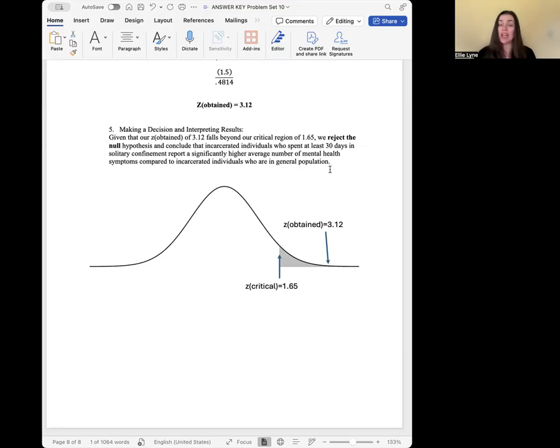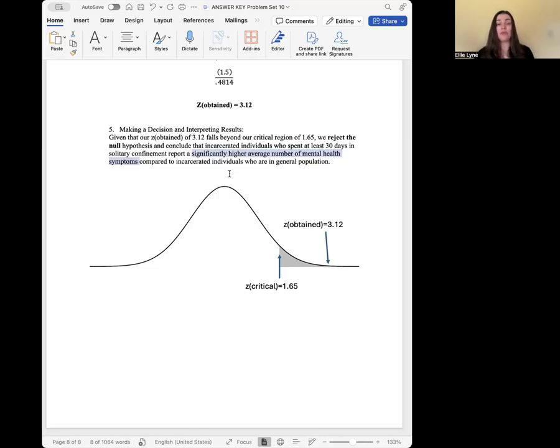Okay? So we're bringing in all of the elements that we have discussed thus far, right? We reject the null hypothesis. We conclude from our first group, right? Incarcerated individuals who spent at least 30 days in solitary confinement, significantly higher average number of mental health symptoms, right? Because that's what our alternative hypothesis was testing, and we had to reject our null hypothesis.